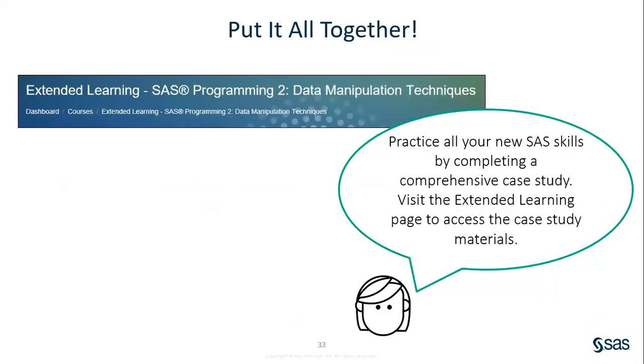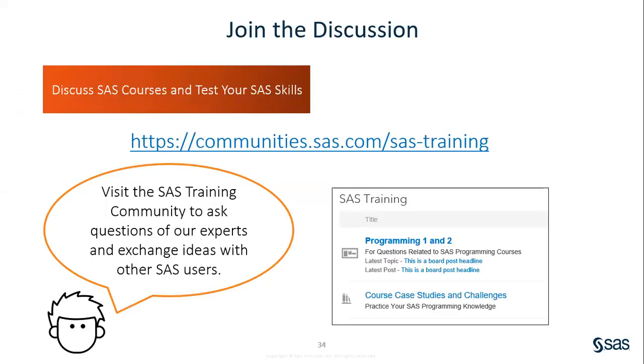With this, we are done with your PG2, and with this we are concluding your base SAS also. Practice all your new SAS skills by completing and comprehending all your activities, demonstrations, and practices. You can go to the given link to know more about SAS courses and understand in more detail about programming 1 and programming 2.